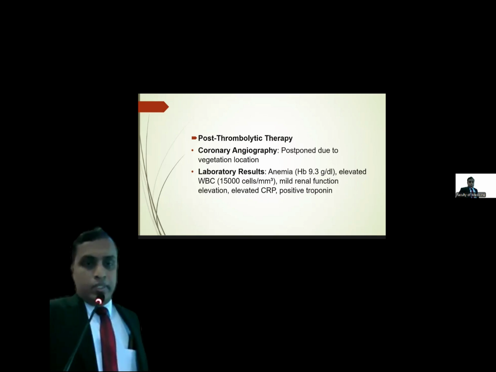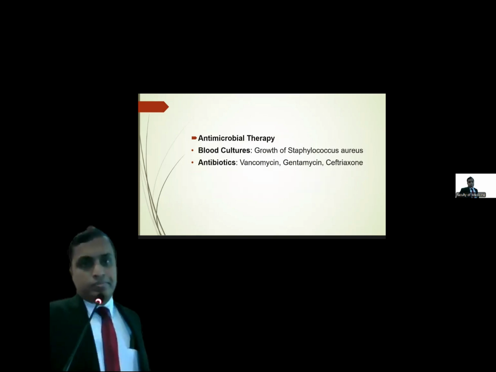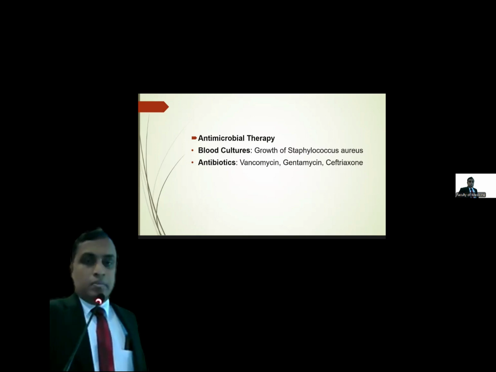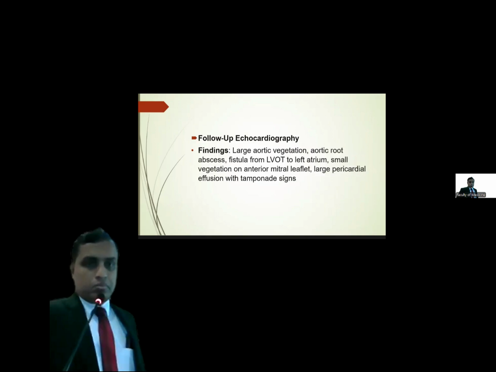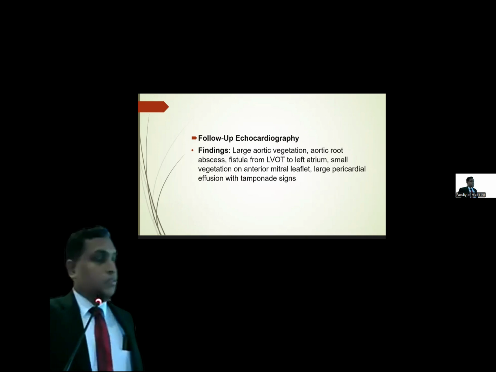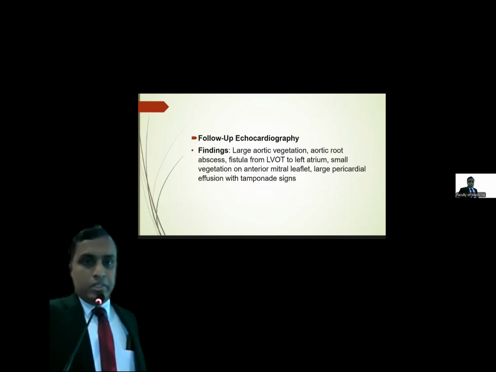Then the lab findings came: anemia, elevated WBCs, mild renal dysfunction, elevated CRP, and positive troponins as well. Blood cultures became positive for Staph aureus and were sensitive to these antibiotics. Three days after, the follow-up echocardiogram was done.